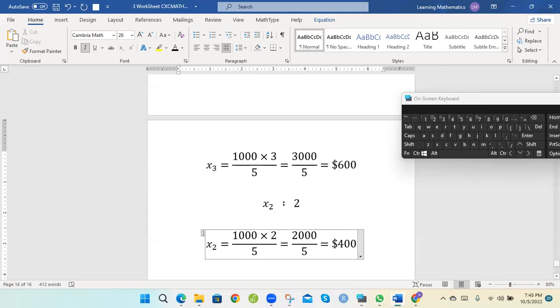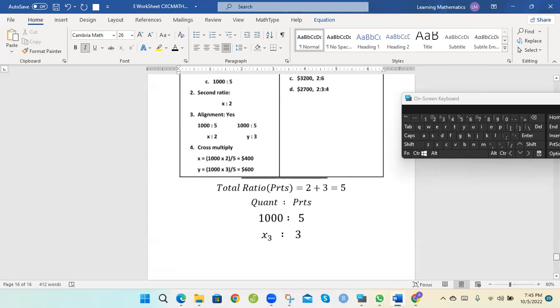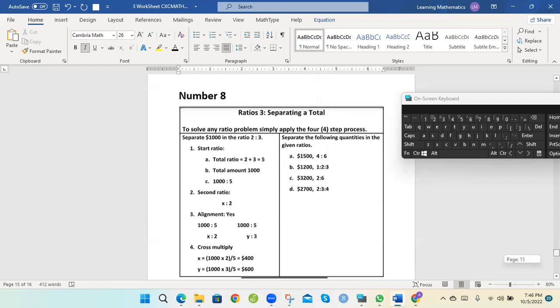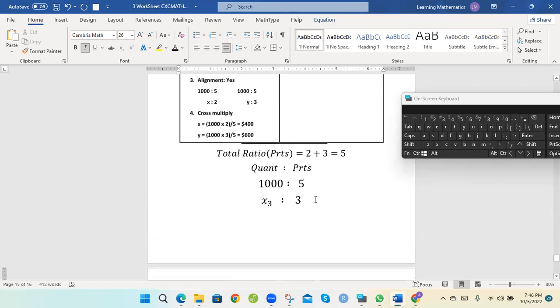So the whole idea is when you're separating a quantity into parts, find the total parts. Then start your 5-step process. The labeling for this is always quantity and parts. Whenever they tell you to separate a quantity into different parts, the labeling is quantity and parts. You have the total quantity, you have the total parts.